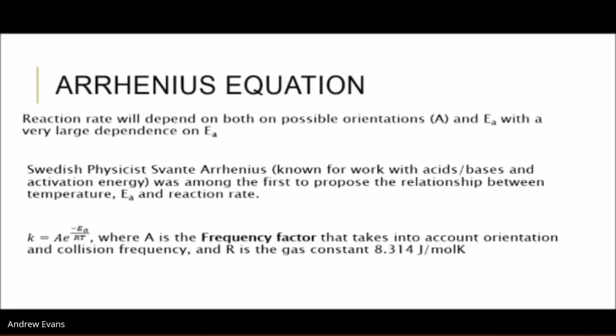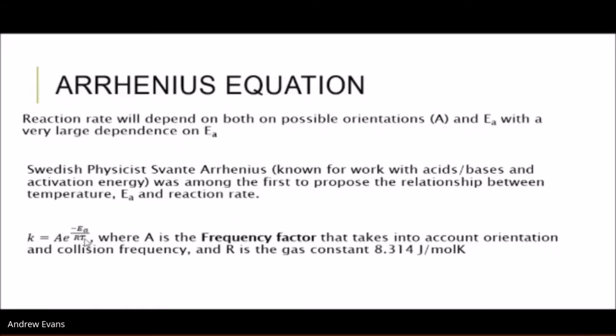But the Swedish physicist savant Arrhenius, who's later going to work with acids and bases, also worked with this reaction rate and activation energy. He proposed a relationship between the two, relating temperature, activation energy, and orientation to the rate constant K. So A is our frequency factor, which is the orientation, times e raised to the power of negative activation energy over RT.